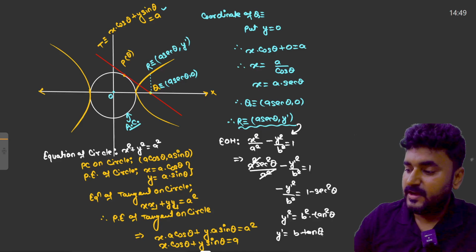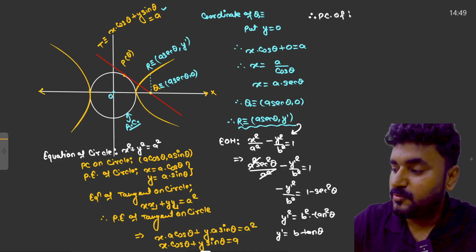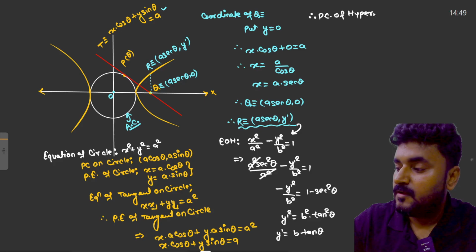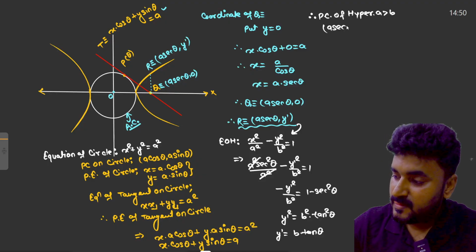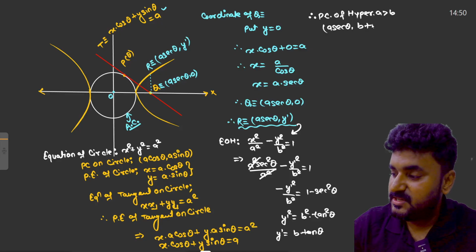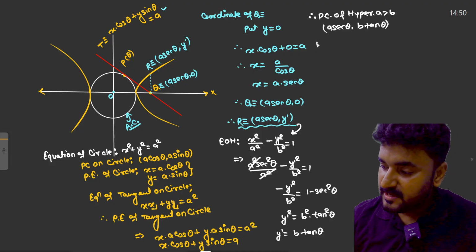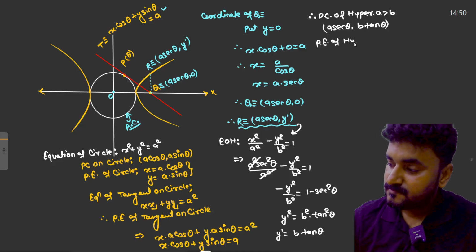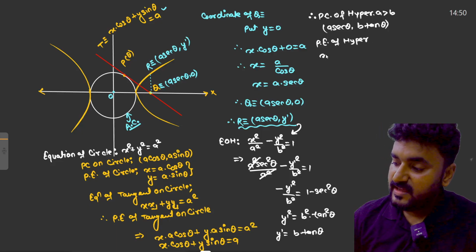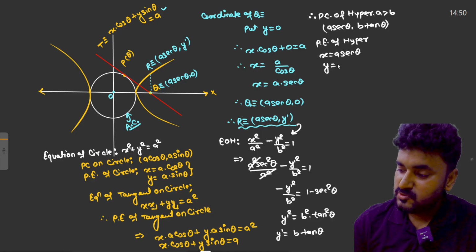Okay, so finally what I got: the parametric coordinate of the hyperbola, for a greater than b, is a sec theta comma b tan theta. Also you can see the parametric equation of the hyperbola is x equals a sec theta, y equals b tan theta.